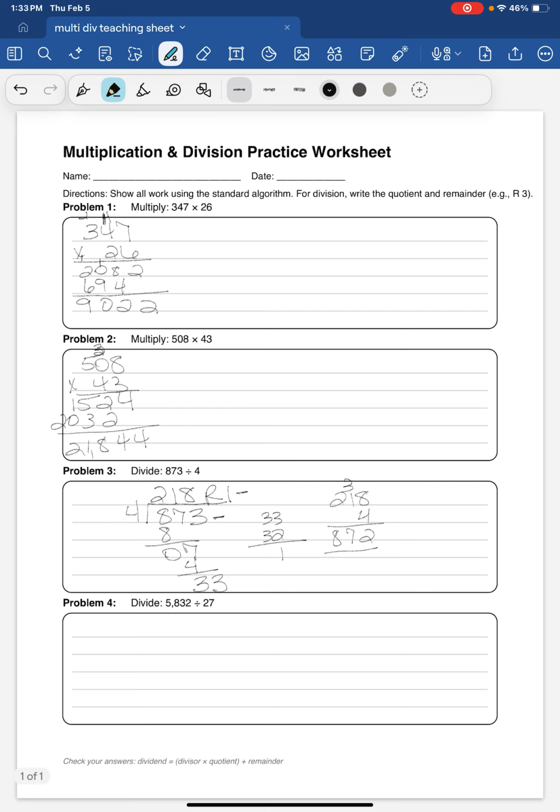Okay, now our next one is going to be a little harder because our divisor has more than one factor as well. We have 27 for our divisor, and inside as our dividend, we have 5,832. So we need to know how many times 58 can be divided by 27, because we know 5 can't be divided by 27, so we just skip the first one there. So I am going to, for the sake of time, divide it on my phone. 58 divided by 27.